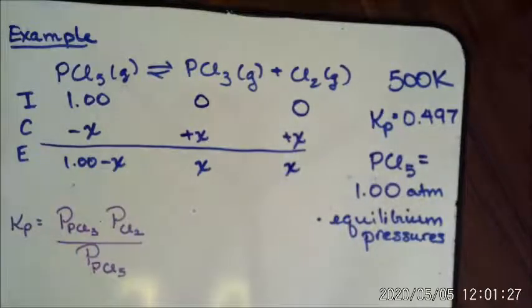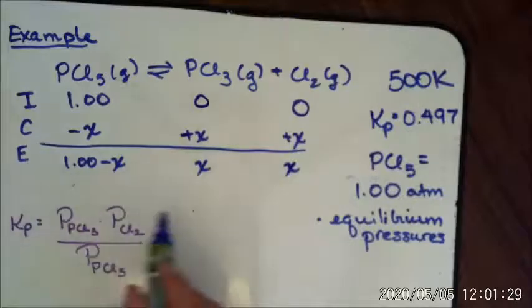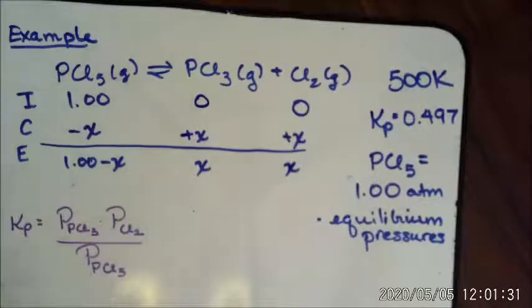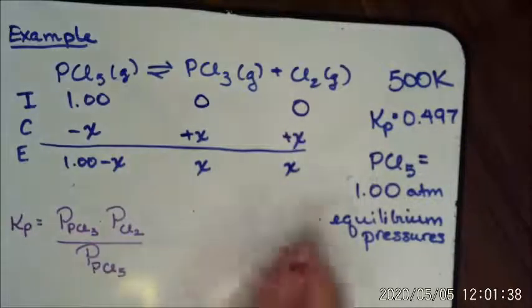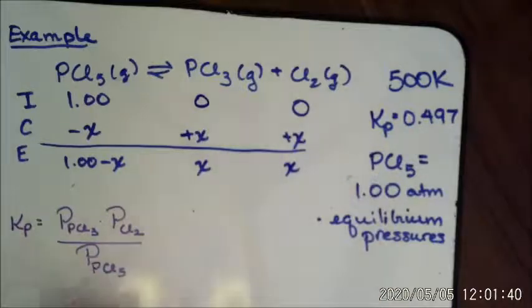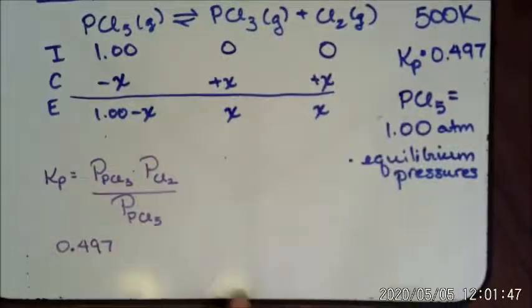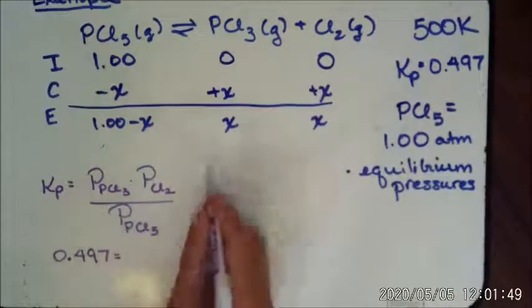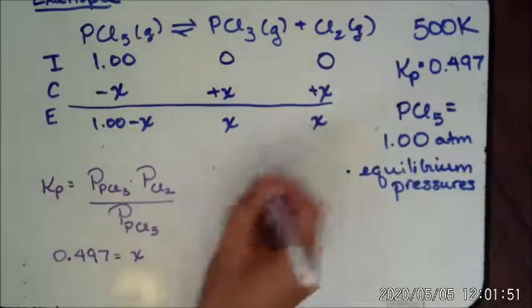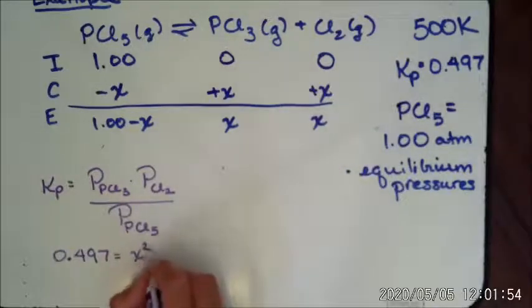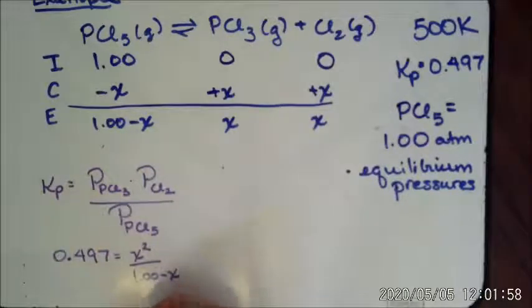Now that I have my expressions, I'm going to put these expressions into my Kp equation. When I do that, we know Kp is equal to 0.497, and that's going to be equal to x times x, or x squared, divided by 1 minus x.